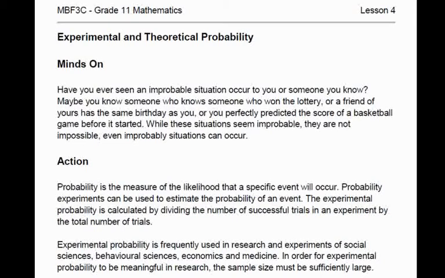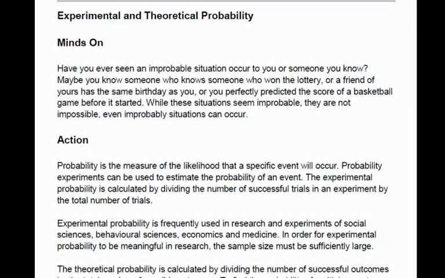Both probabilities are correct in that the experimental probability is what's actually occurred, but the theoretical probability is what we would expect to happen after many, many trials. That's theoretically what would happen. So let's look at how to measure and how to calculate both the experimental and theoretical probability.